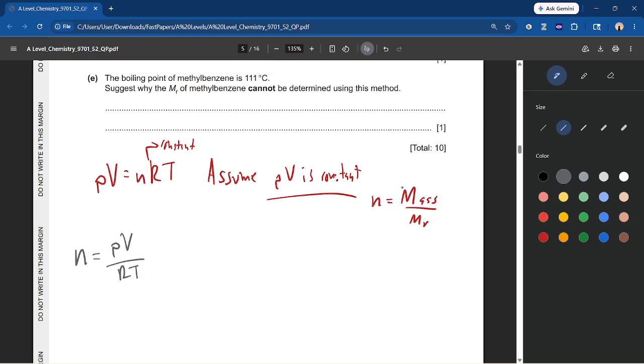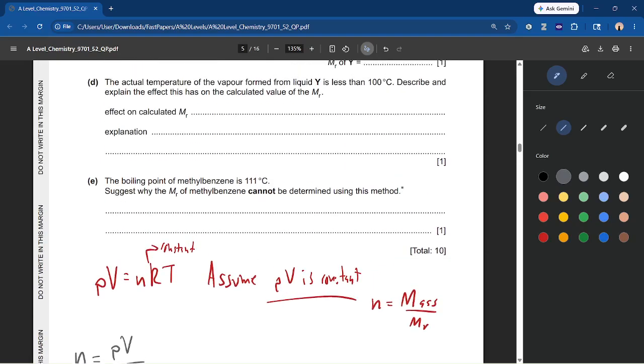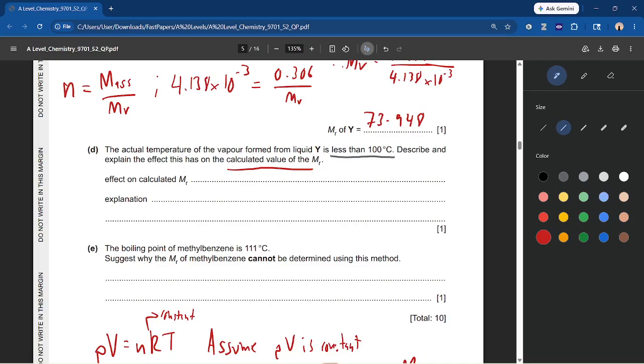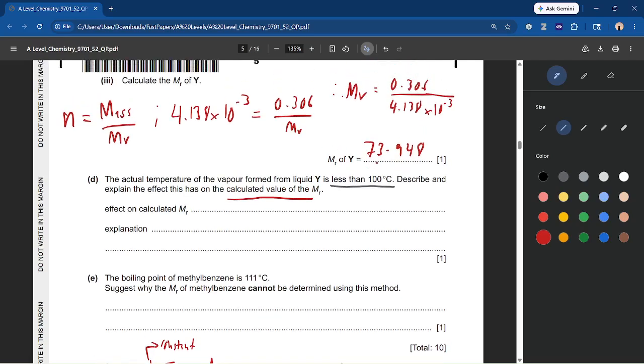All right, so basically, they're saying that the actual temperature of the vapor formed is less than 100 degrees Celsius. So the student actually has no way of knowing that, right? Describe and explain the effect this has on the calculated value of the MR. So we calculated an MR over here, right? We calculated it to be 73.948.